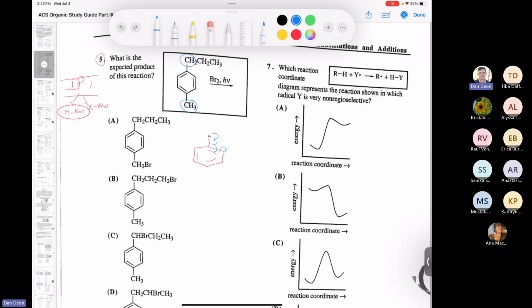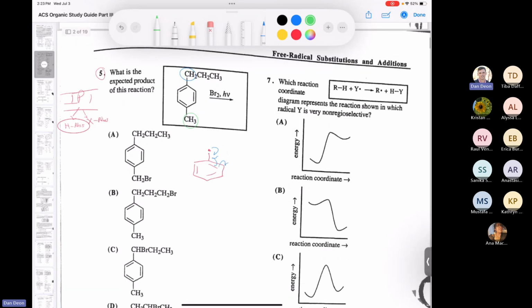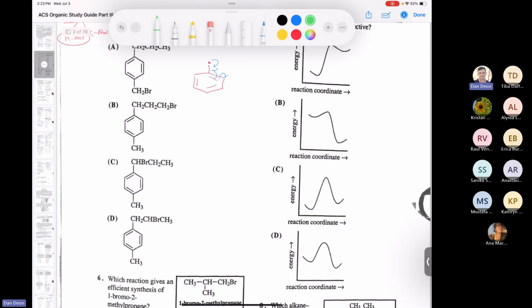Let me use different colors. So we have one where the blue circle is, and we have one where the green circle is. So which one of these is going to produce the most stable radical? Well, if I produce a radical here where I have the blue, that would be secondary benzylic, but where the green is, that would be primary benzylic. So secondary benzylic would be more stable, and so that is why you would end up forming this preferentially, right?